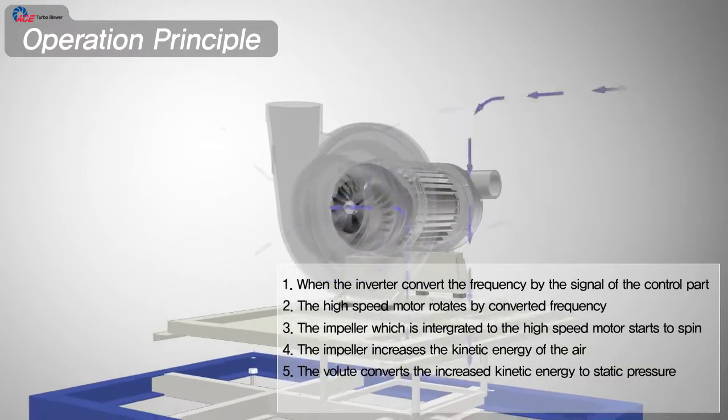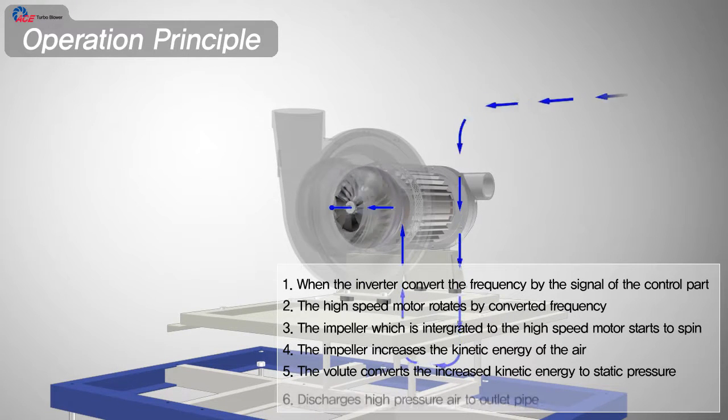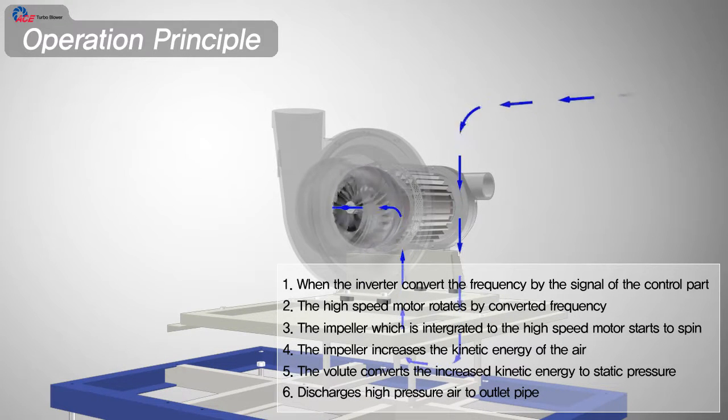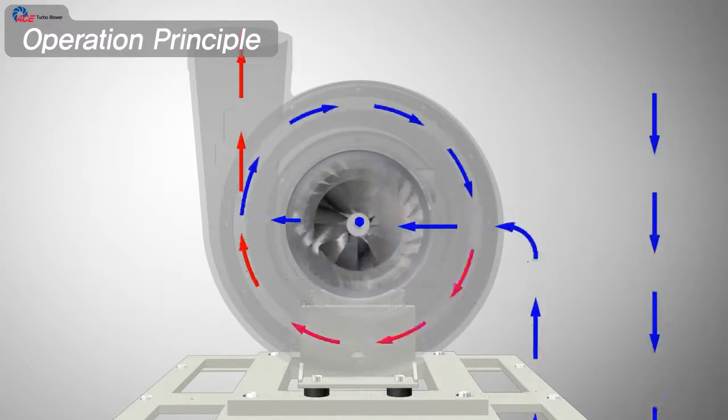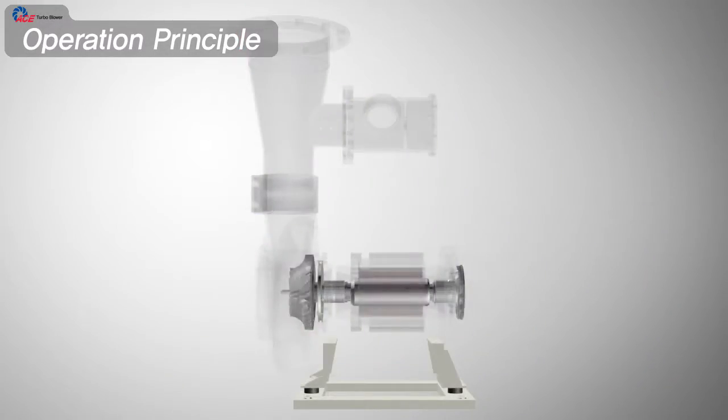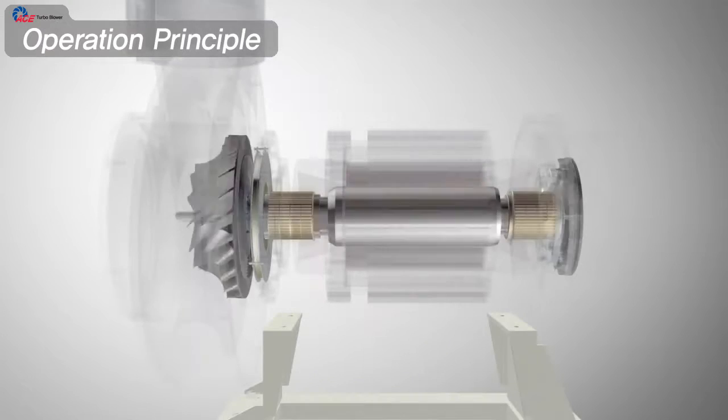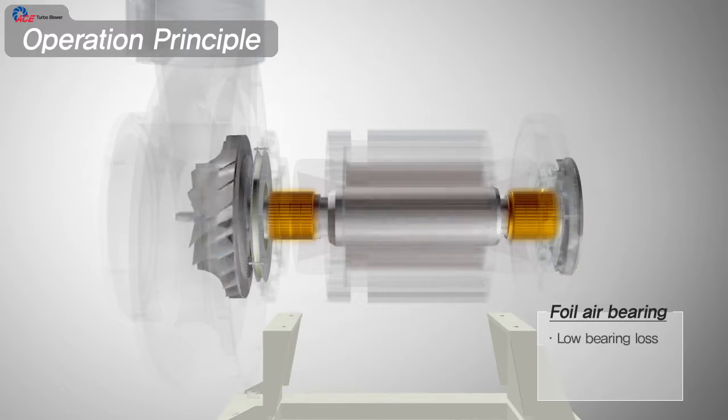And the volute converts the increased kinetic energy to static pressure, then discharges high-pressure air to the outlet pipe. To support the spinning rotor at high speed, we use foil air bearing, which has low loss with excellent reliability.